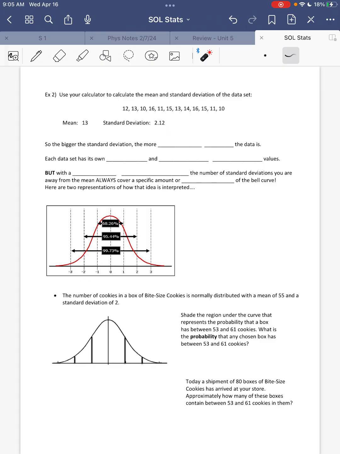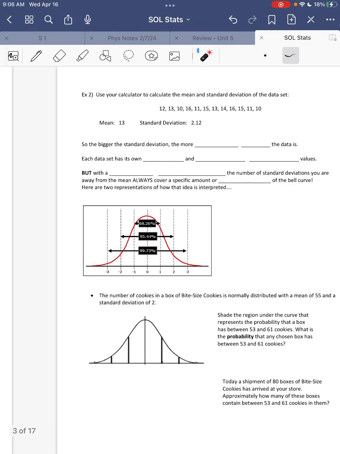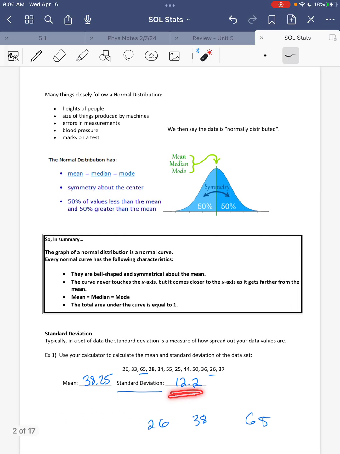I just wanted you to understand what the standard deviation is, because we'll be talking about that in a minute. When your standard deviation is really small, that means your data is really close together. Whereas when your standard deviation is larger, your data is more spread out, okay? The standard deviation is a calculation.